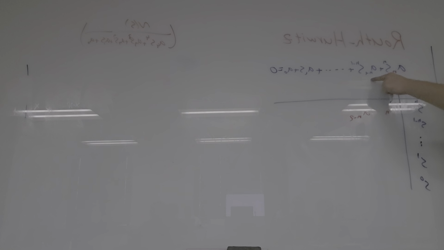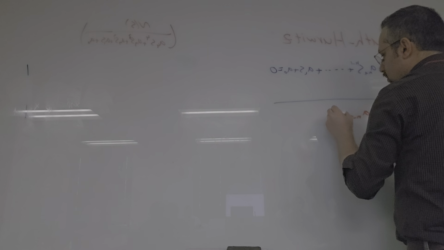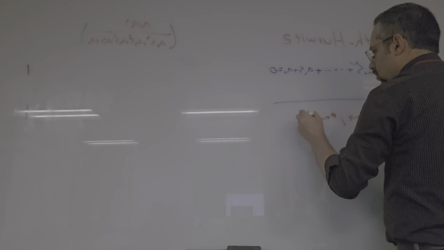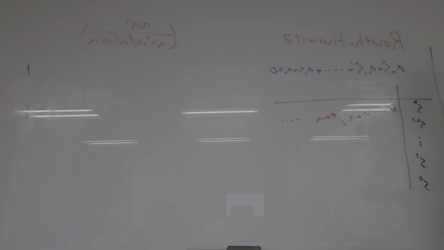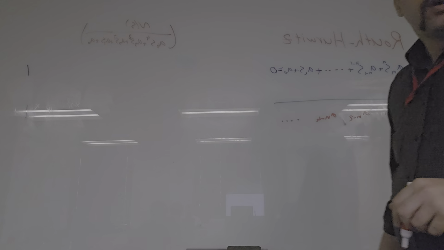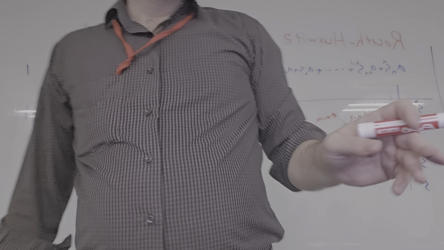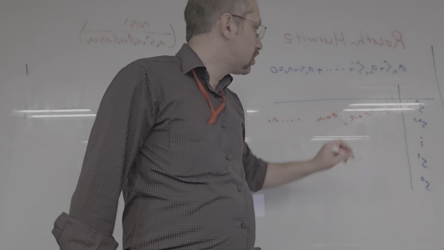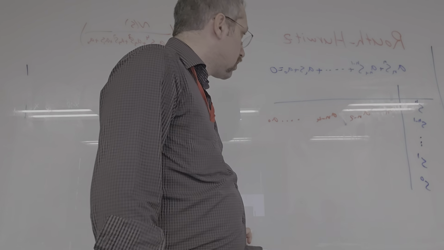So we skip one and go to the one after that, A(n-4), all the way through that, until we reach A0. This is going to be our first row.